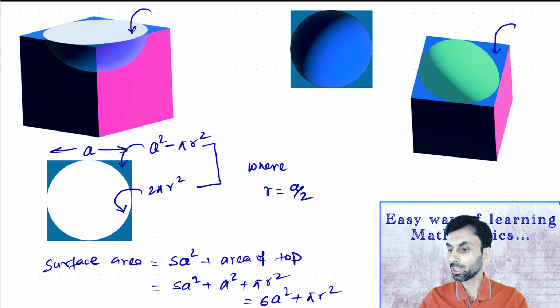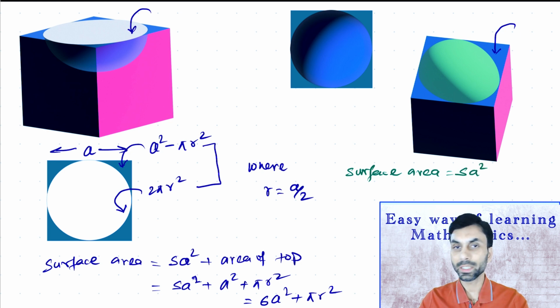So the surface area will be equal to the area of 5 surfaces, which is 5a square, plus the area of the top. Again, the top surface will look like this, where we have 4 corners and then this particular surface.